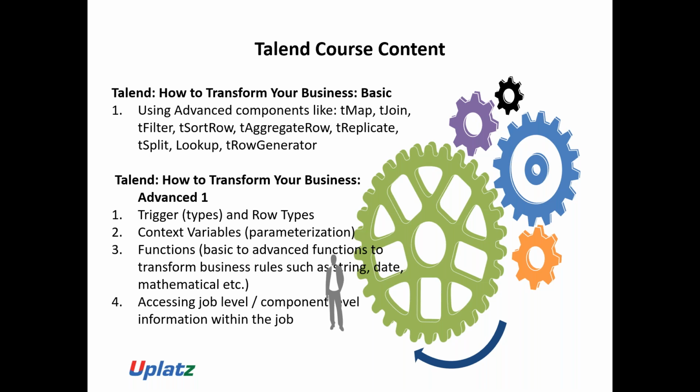These are the main components for building any business rules you want to apply at the ETL level, the regularly used components. tMap is a very powerful component, and tJoin. You can join tables, tables versus files, heterogeneous sources, one database to another database.